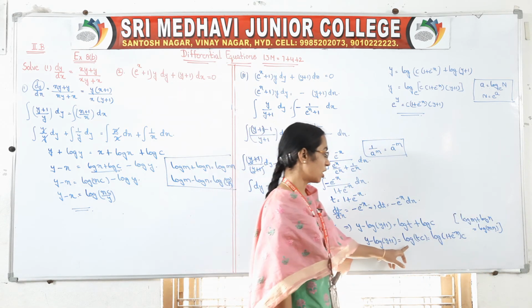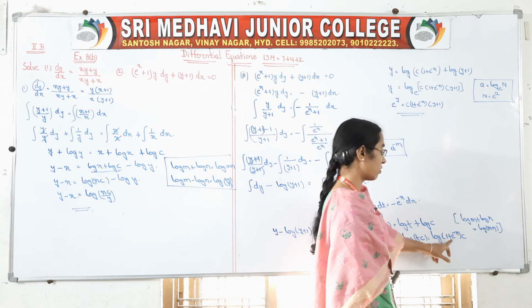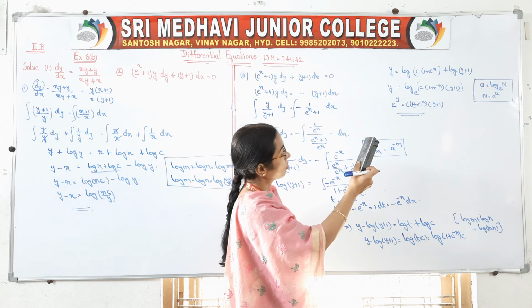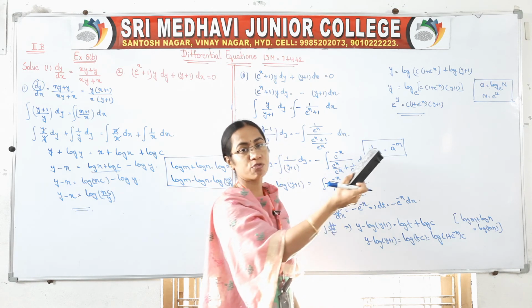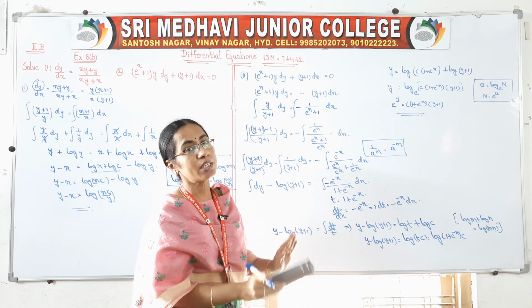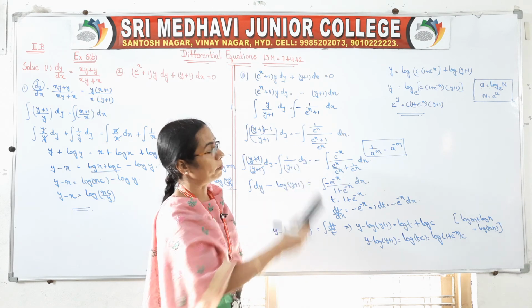Here in t's place, we have taken 1 plus e to the power of minus x. See, again we got into that log m plus log n form. Whenever the log m plus log n form is there, we can take in its place the log of m into n form, right?